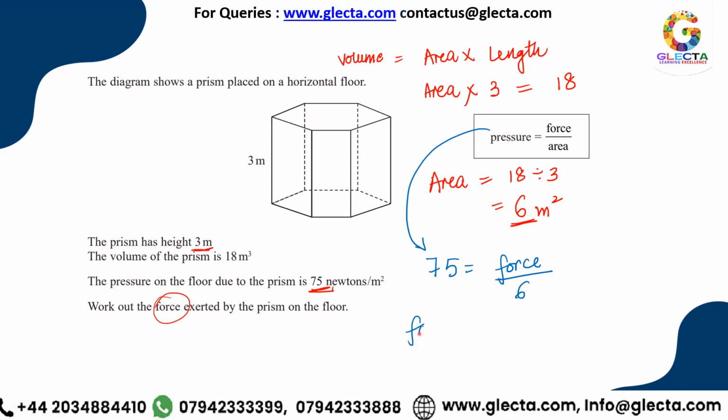So for calculating the force, like I said, whenever you have algebraic fractions, 6 is being divided on the right side. On the left side, you would have to multiply it. So 75 times 6. You would be getting your answer as 450 Newton. All right? So this is our answer.